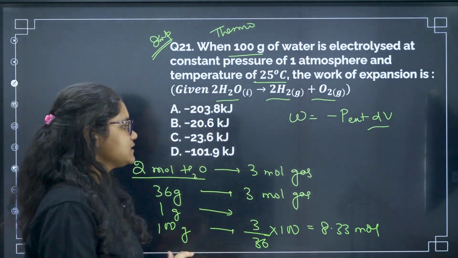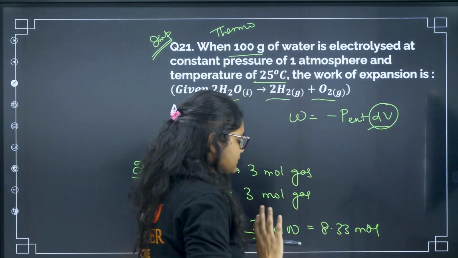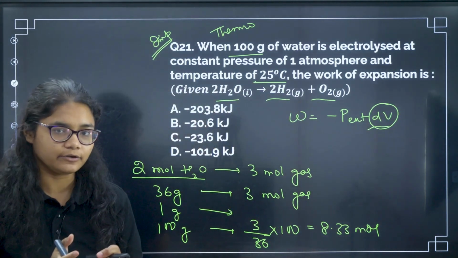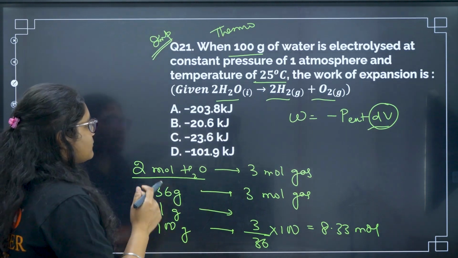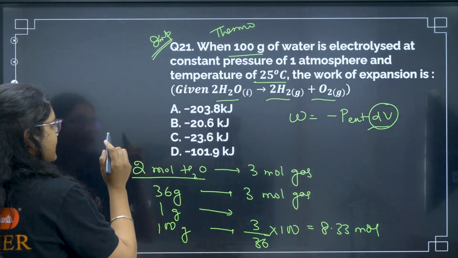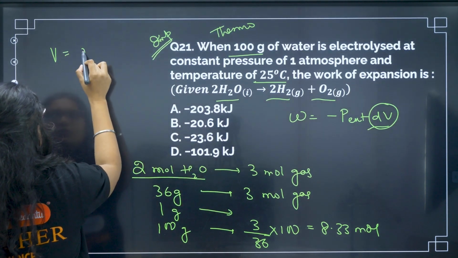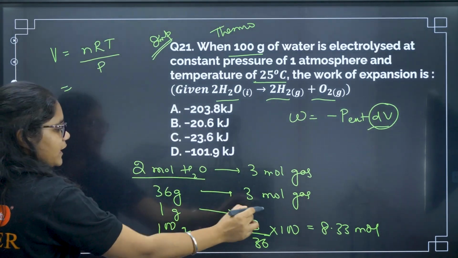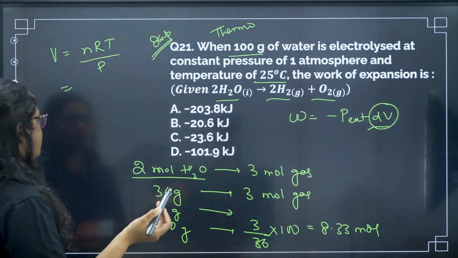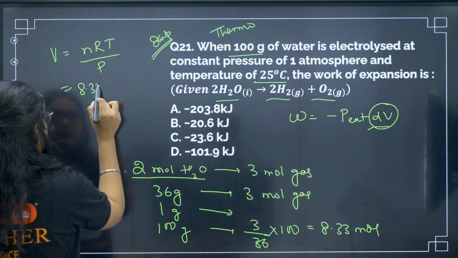We have still not reached the answer because we need the volume, but we just now calculated how many moles have been produced. So now we can convert it into volume. Assuming that it is an ideal gas, we can use volume is equal to nRT by P, right? n is your 8.33 moles. What is the number of moles of gases produced? That is 8.33.